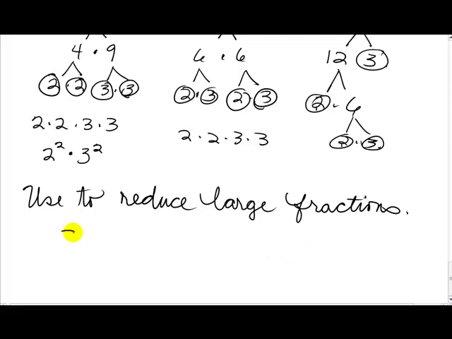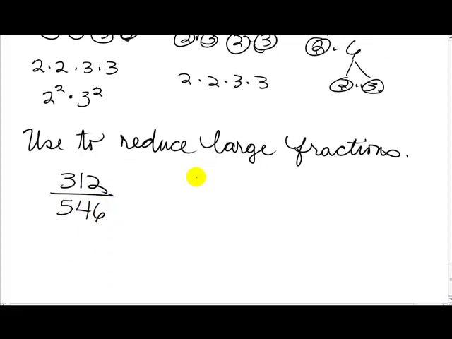Let's look at 312 over 546. We're going to do a factor tree for both. The divisibility rules will help me get started with this. Now they're both even, so I could start with 2. That would be a good place to start.